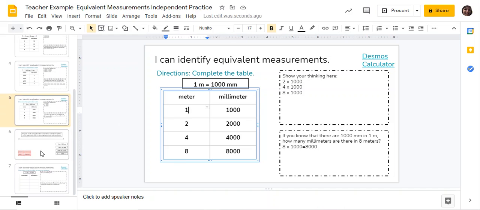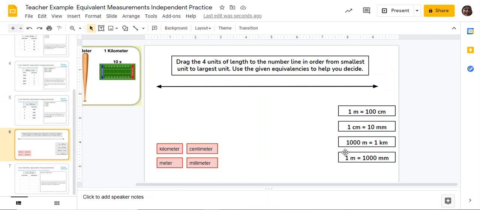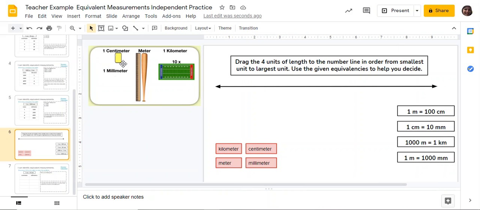Using what we know, and you can use this to help you on slide 6, how we convert or how we make them into each other. I also gave you that picture here on the side to help you. It's asking you to put them in order from smallest to largest. So we know the millimeters are the tiny little lines inside a ruler.